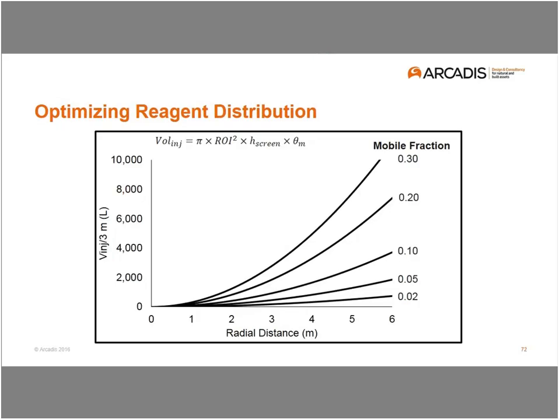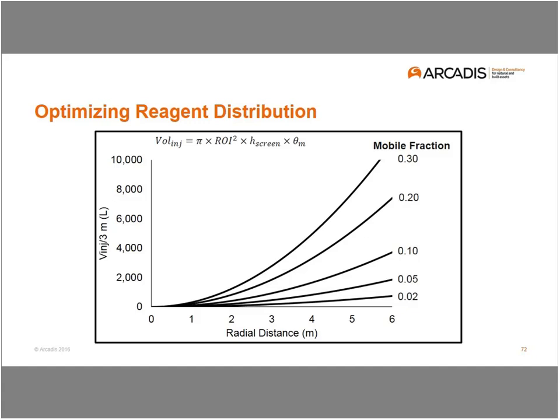This is a conceptualized graph of the equation we typically use to calculate or predict the injection volume. So volume injected is the injection volume that's shown on the left y-axis, and it's presented there per 3 meters or 10 feet of screen. Pi, radius of influence squared times the height of the screen, and the porosity is the geometric definition of the volume of a cylinder with that porosity modifier as theta m.